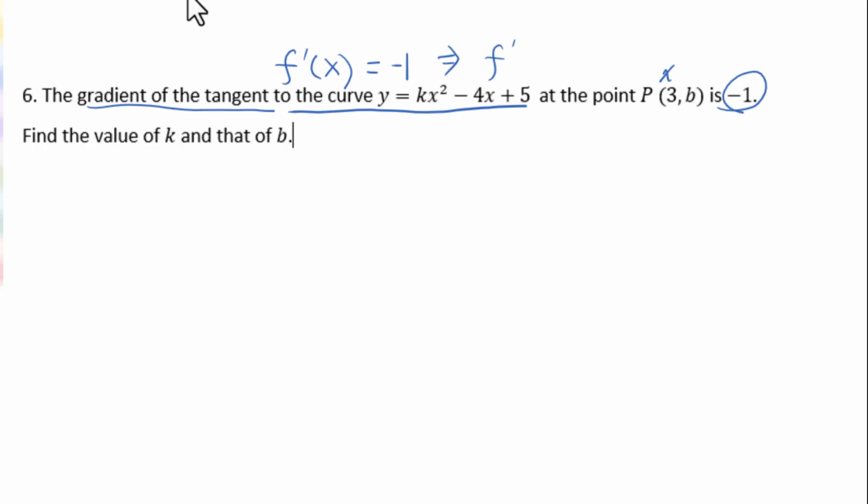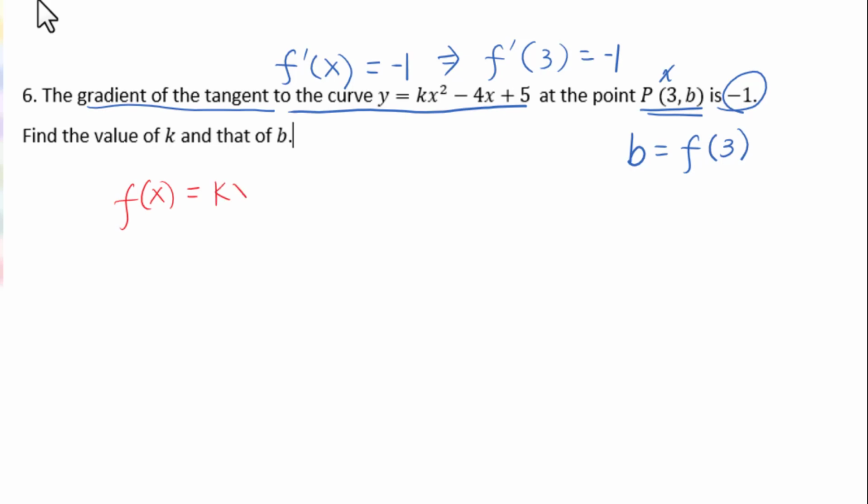So we have f prime of 3 equals -1. When you have this coordinate, we can write down b equals f of 3. For f of x equals kx squared minus 4x plus 5.